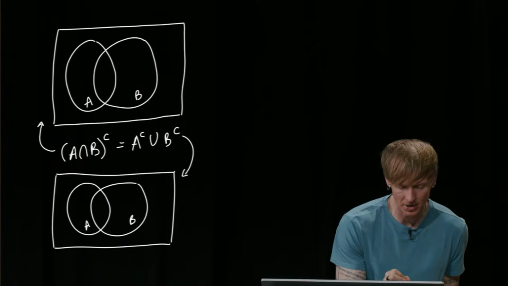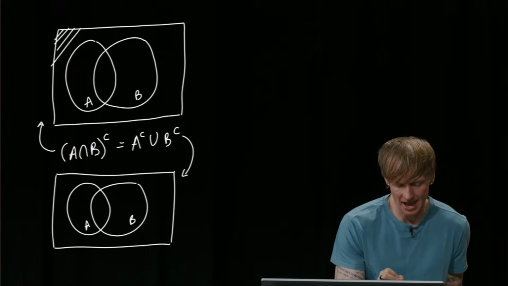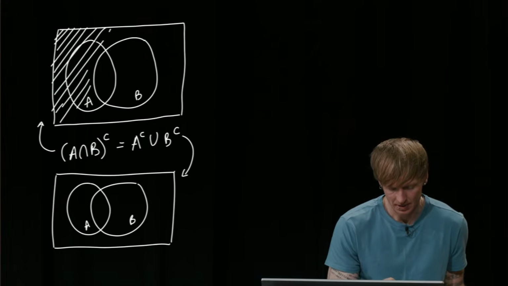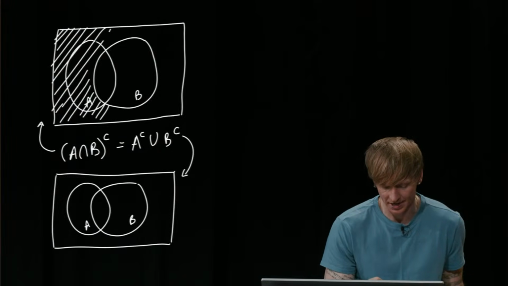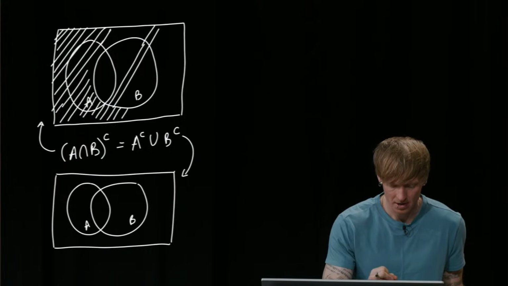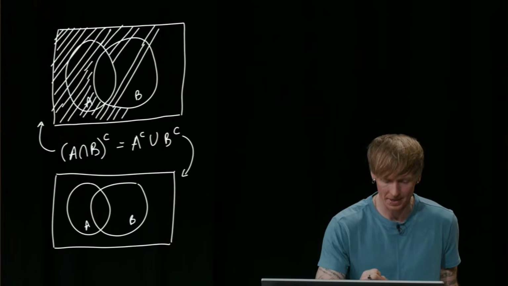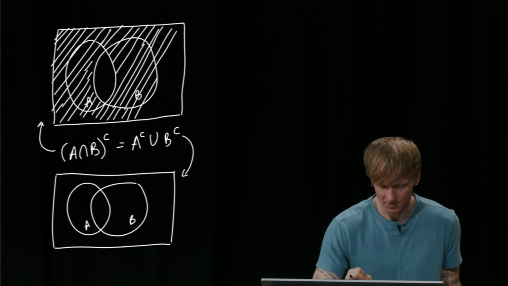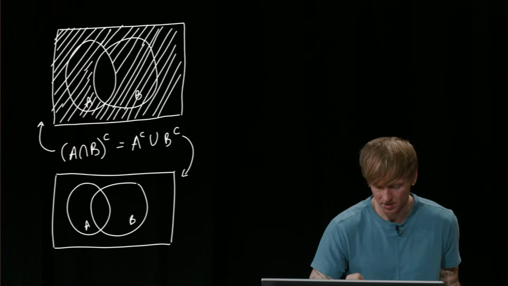So really all we have here is just everything that is not in the overlap. So it's going to take a lot of shading. It's going to be all the way around here, going right across both A and B, but carefully avoiding that overlap, that intersection in the middle. So that entire region is all shaded out.